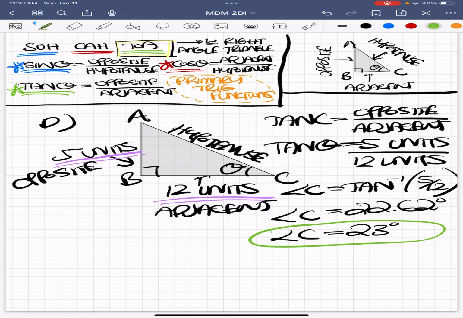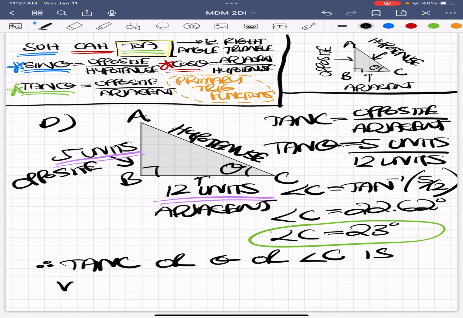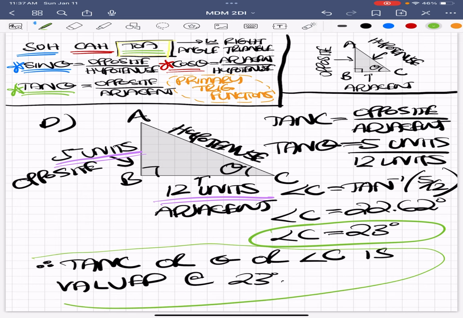And then we have our therefore statement. So tan C or theta or angle C is valued at 23 degrees. And then moving on.